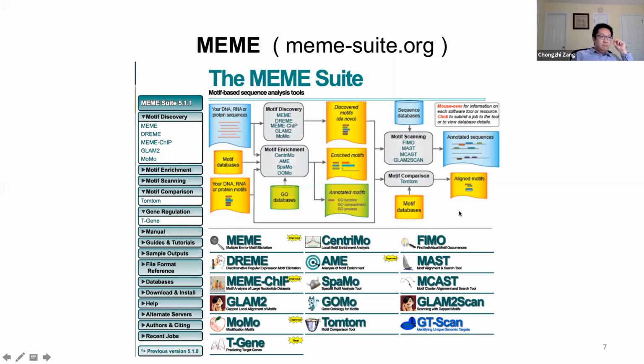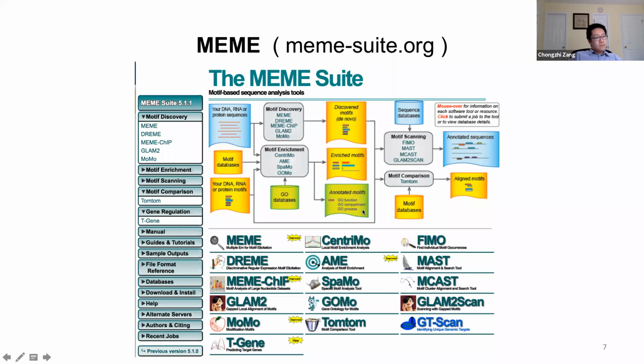And the core function of MEME is de novo DNA sequence motif discovery, which means that it can look for the enriched, highly represented motifs from a bunch of DNA sequences without prior knowledge of what the known DNA motifs are for known transcription factors.